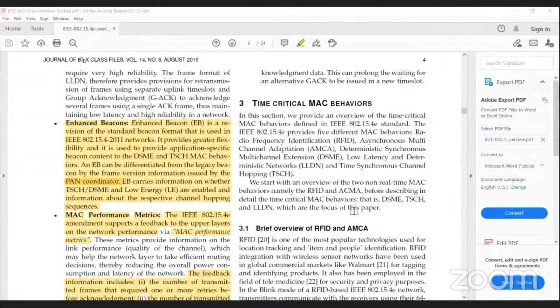An EB can be differentiated from the legacy beacon by the frame version information issued by the PAN coordinator. You will be able to find out whether it's the old beacon or an enhanced beacon. And TSCH and others carry a lot of further information about low energy capabilities of the whole network. It also carries information about channel hopping, because we said that's an important requirement for 15.4e systems.